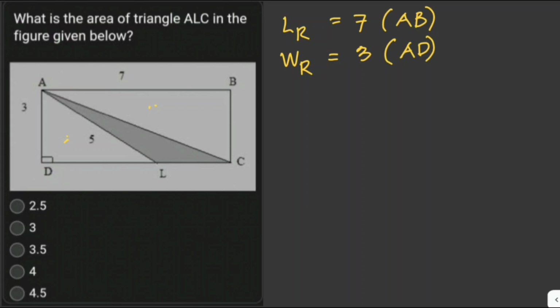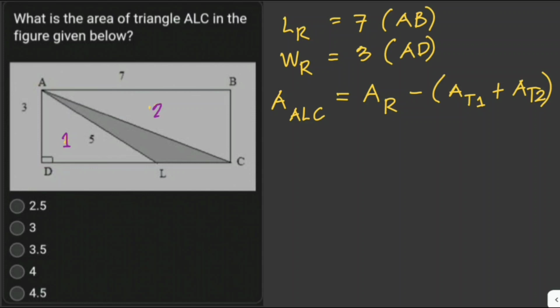And now to solve for the area of triangle ALC, we just have to solve for the area of the rectangle and then minus the sum of the area of triangle 1 and triangle 2. So this is triangle 1 and this one is triangle 2.